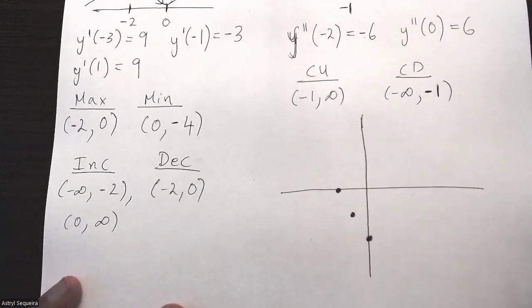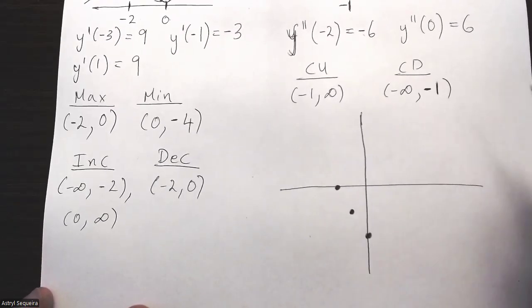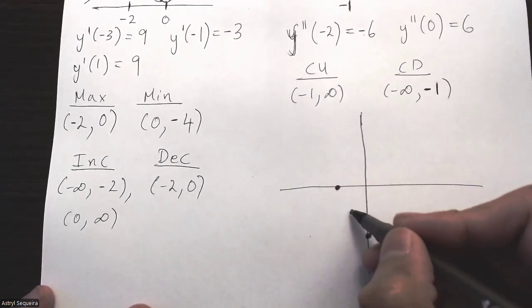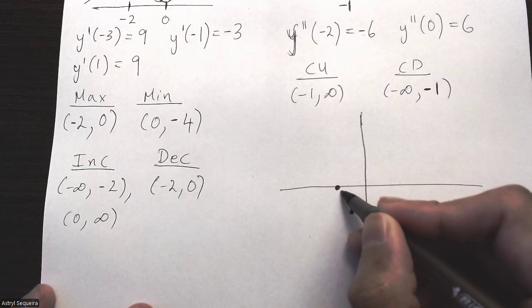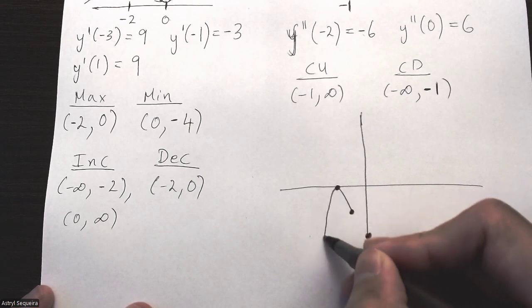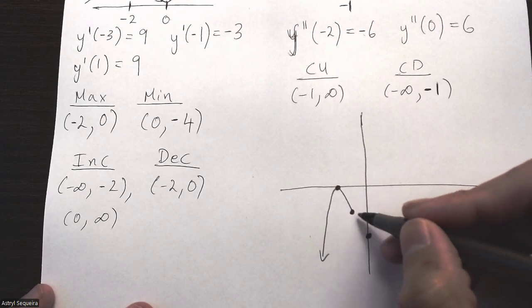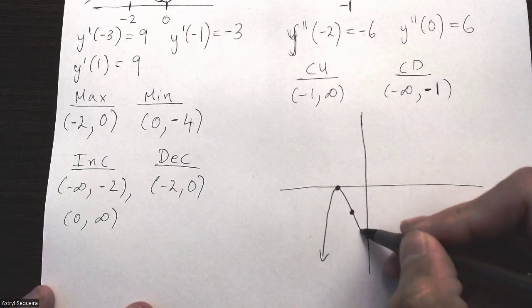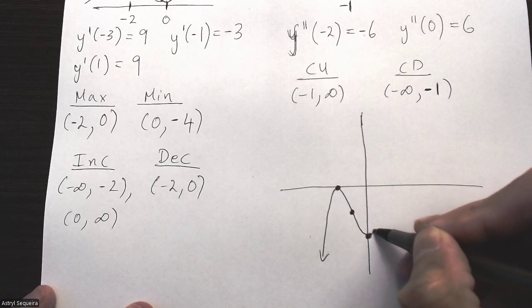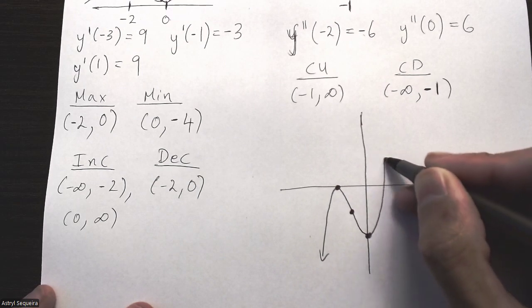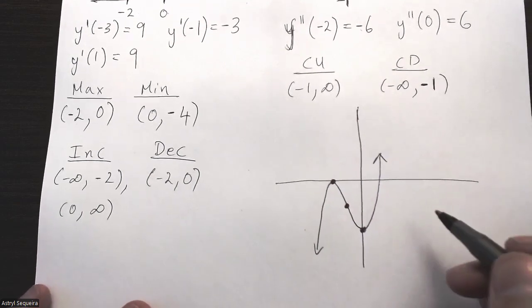Don't even have to worry about your intervals of increase, decrease, concave up, concave down here, because if I just draw this as a maximum, that whole range is going to be concave down. And then here at the inflection point, it's going to switch to concave up, and this is a minimum right there. And that's what the graph is going to look like.